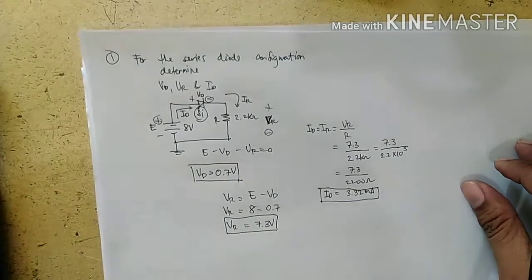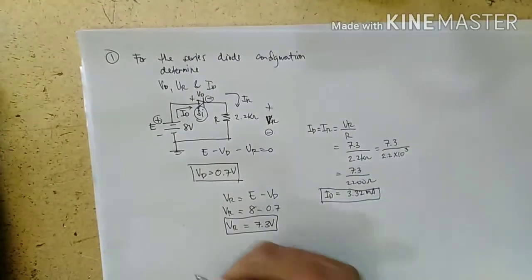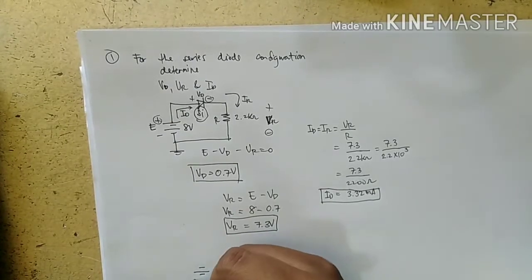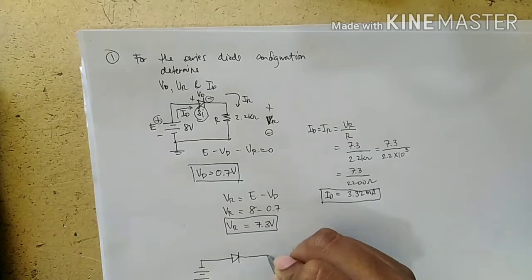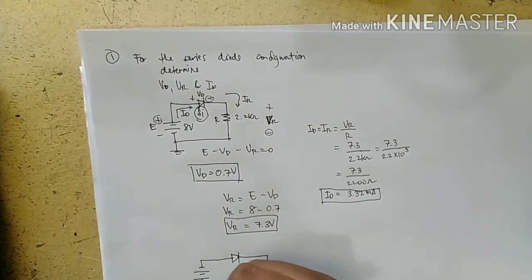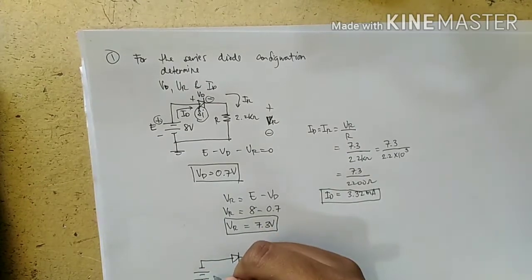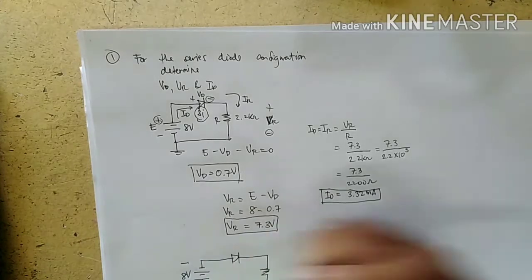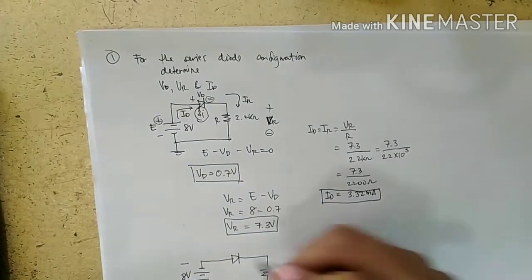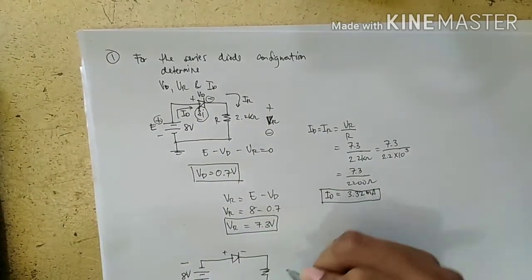What if we reverse the polarity of E? So, reverse polarity: this is minus, plus 8 volts, no longer plus, minus.